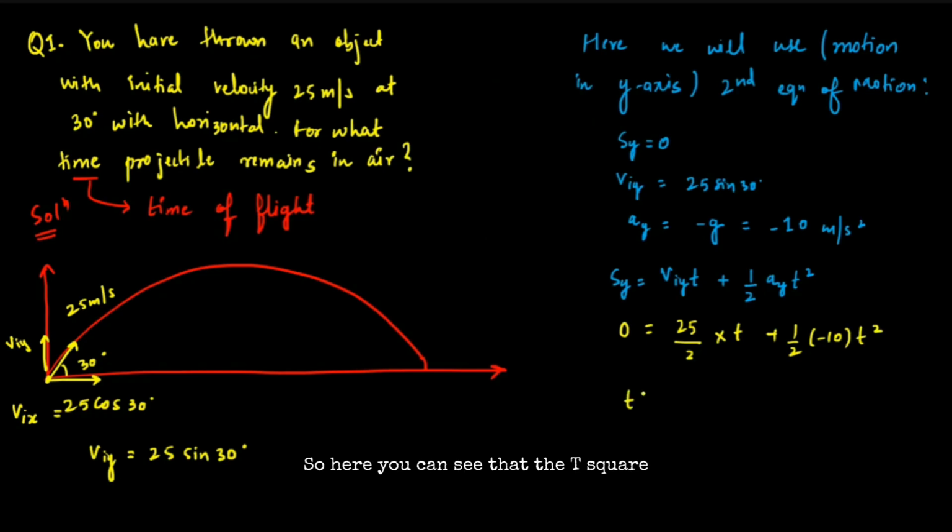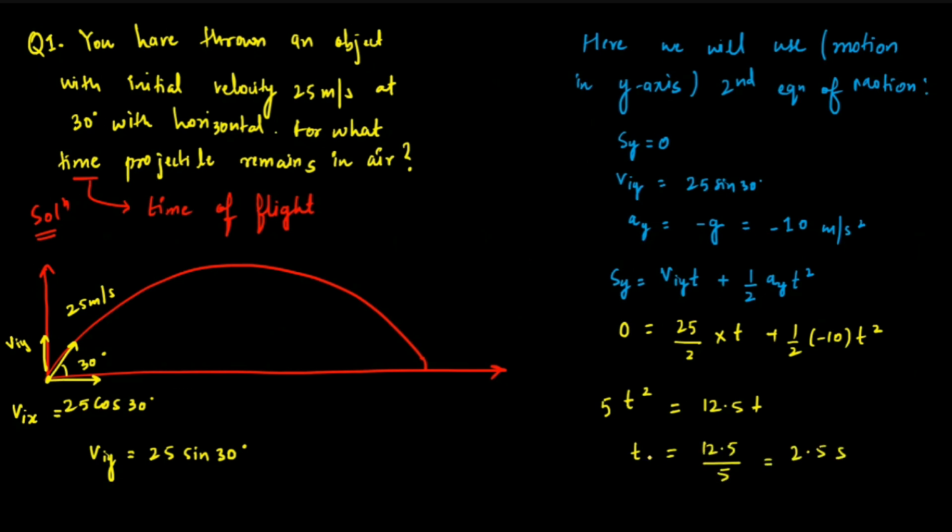Here you can see that 5t square is going to be 12.5 t. So t is going to be 12.5 by 5, which is approximately 2.5. So it will take 2.5 seconds, and that is the time for which the projectile remains in air.